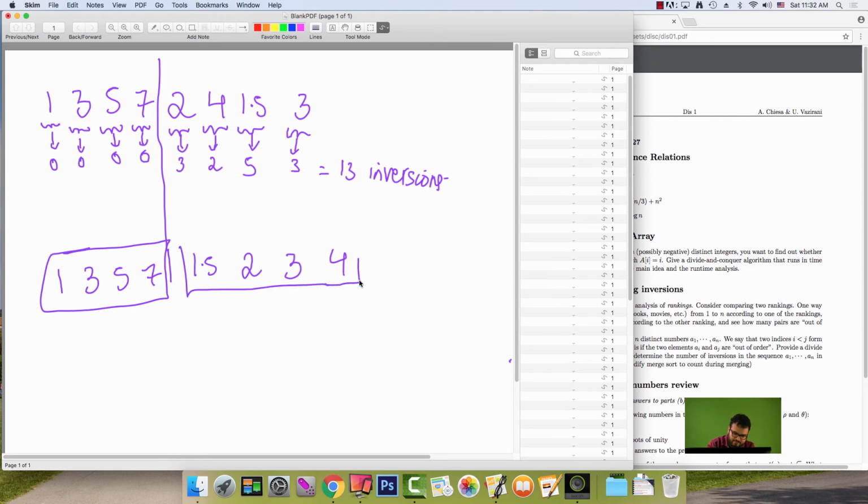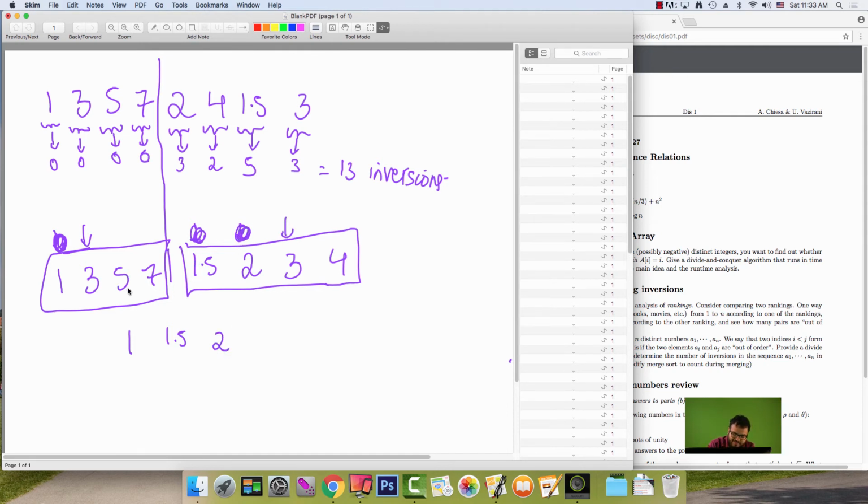This is the merge sort algorithm, right? And the next thing we do in merge sort, as a reminder, is we maintain 2 pointers here, and then we walk through the array. So we say, okay, which of these 2 pointers is smaller? 1. So we move this pointer forward. Which of these 2 is smaller? 1.5. Which of these 2? 1.5 moves forward. Which of these 2 is smaller? 2 moves forward.